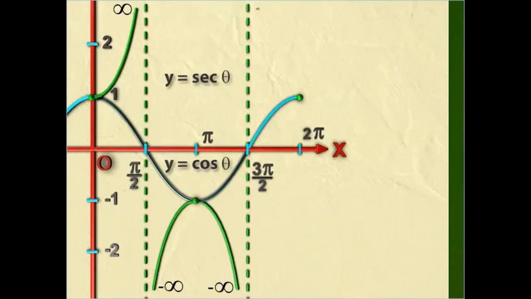Similarly, for an interval of 3 pi by 2 to 2 pi, the value of cosine theta increases from 0 to 1, indicating that the value of secant theta decreases from positive infinity to 1.